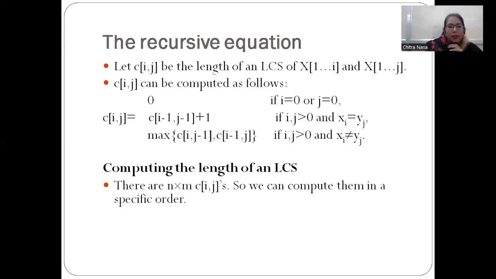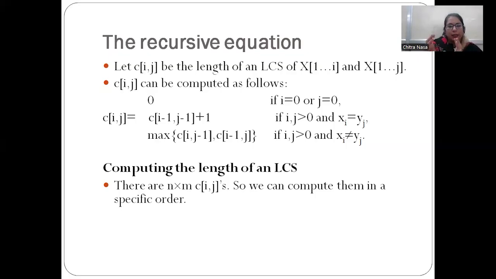And correspondingly, arrows will be stored in the B matrix. We have two matrices, Cij and Bij. In Cij, we store the length, that is the numeral. In Bij, we store the arrows corresponding to the values. For xi equal to yj, we move to the diagonal position, so we store the diagonal arrow.